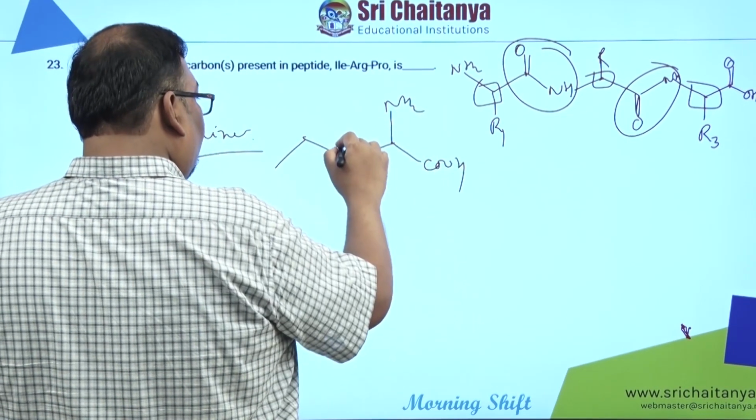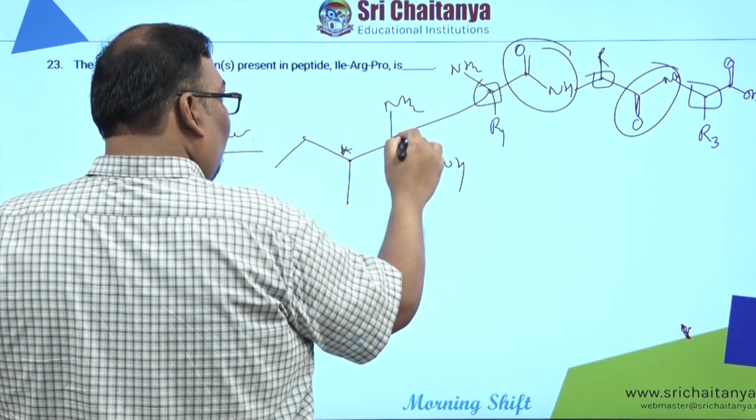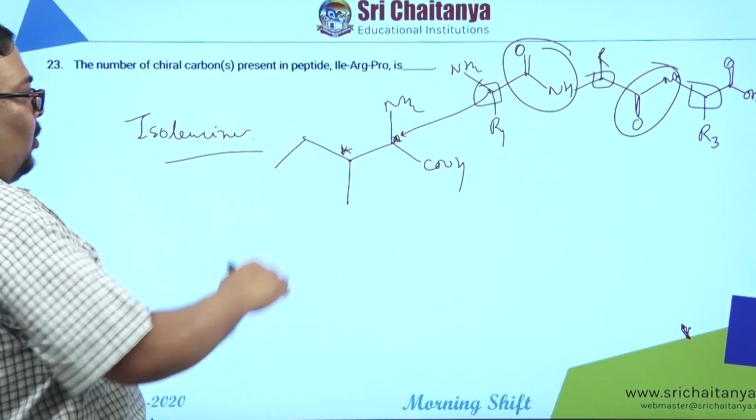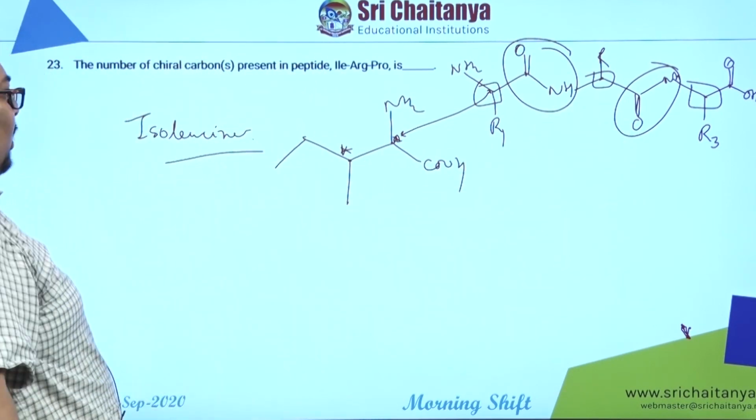Okay, so you say this is containing 2 chiral centers. This atom is represented here in the structure. The COH will be forming the peptide bond with the arginine here.